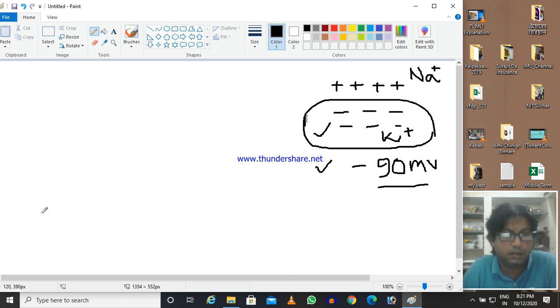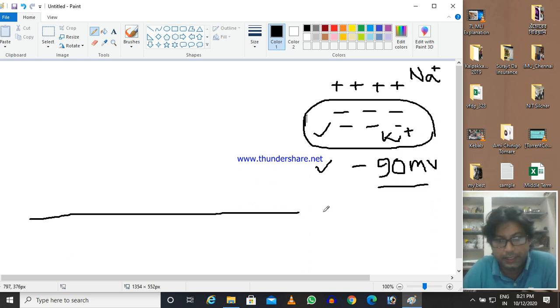Okay, so now let us understand a very simple thing. This is minus 90 millivolt. We know the pulse of the heart is generated from the SA node, which is called the pacemaker of the heart.